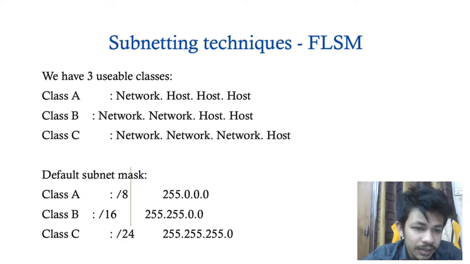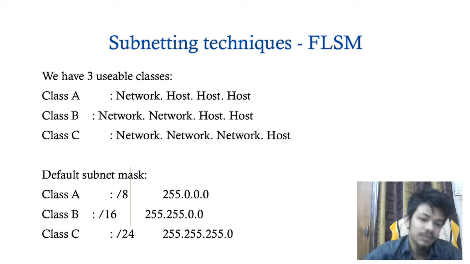In class A we have network, host, host, host. That means the first octet is the network and the rest of the octets are host. Similarly, class B has 2 octets as network and 2 octets as host, and class C is similar: 3 octets are network and only 1 is host.